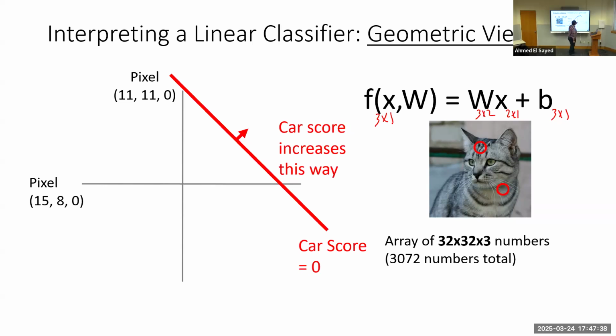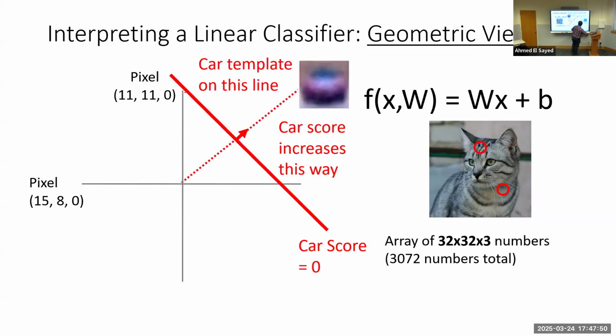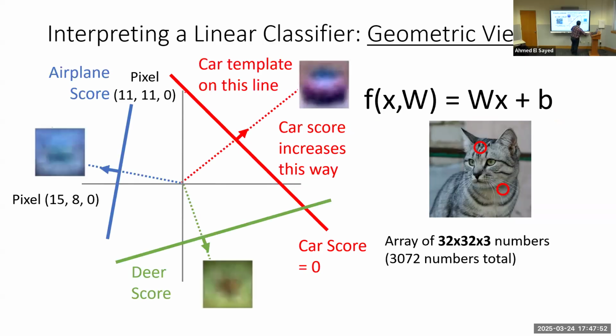Now again, each pixel goes from 0 to 255, and I calculate the score for the car, for the airplane, for the deer. I'll find that I'm having lines. If you check those lines, you will see that all the car values belong up to this line. So the score must be higher than this line.